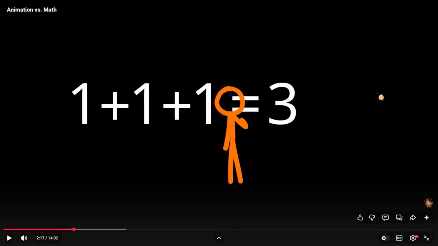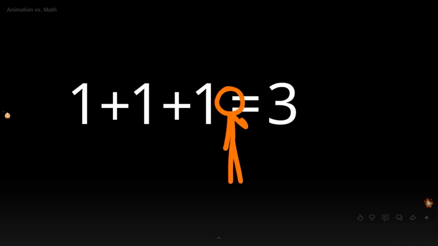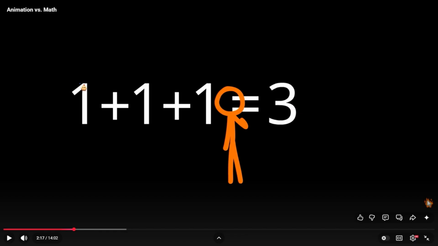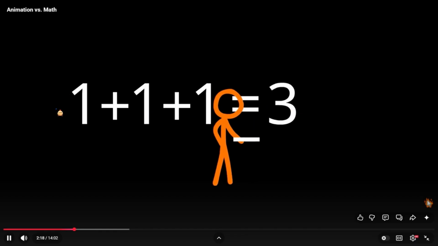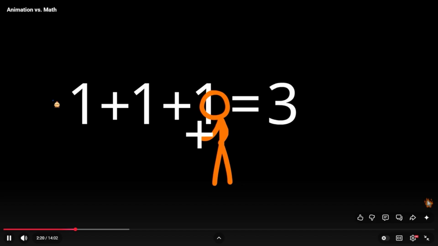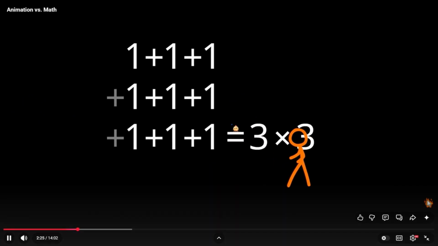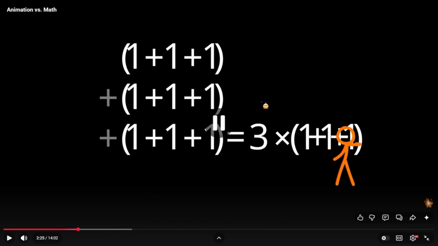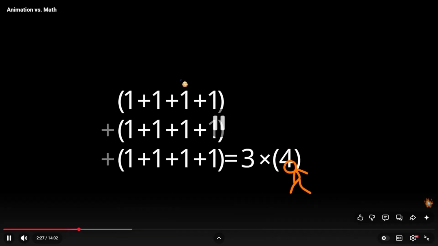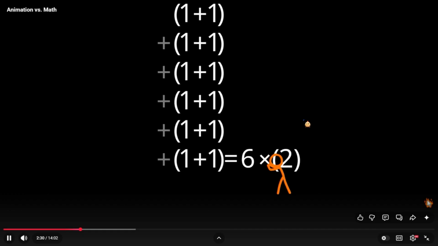You probably know negative times negative equals positive, so it just cancels out, and then it becomes all plus signs, and then there's a plus here. Now there's 3 times 3, which is repeated addition. So it repeated 4 times, and they're just in a different order but the same number.